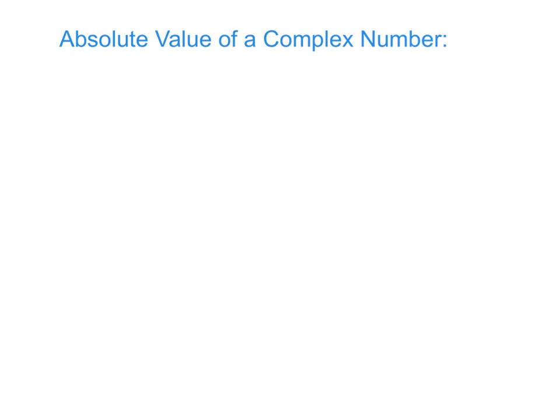Another thing that we can do with complex numbers is find the absolute value of a complex number. Suppose we have some number in the form a plus bi. We have our real and our imaginary. How do we find the absolute value? Well, we're basically finding the distance from the origin to that point, a plus bi.